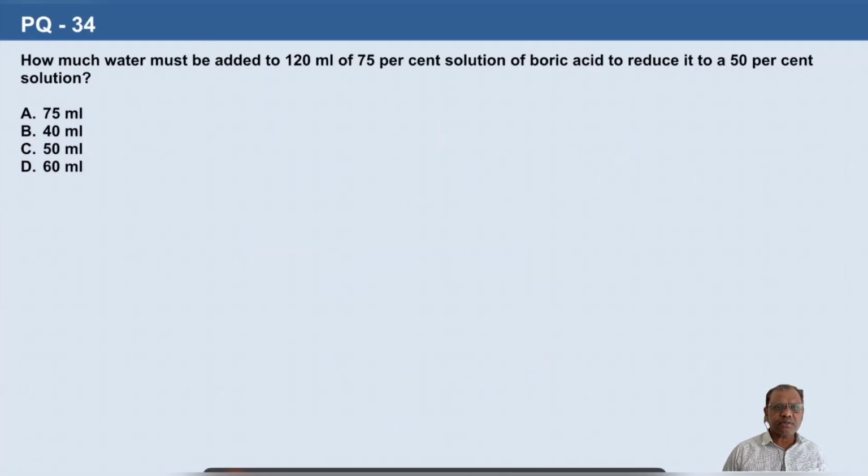Question number 34. How much water must be added to 120 ml of 75% solution of boric acid to reduce it to a 50% solution?